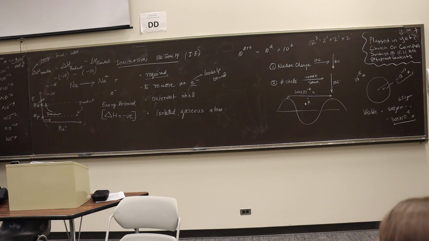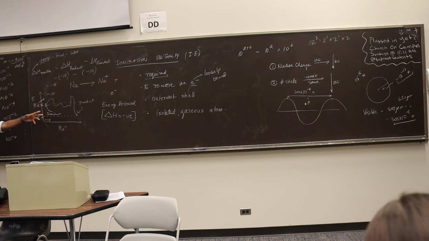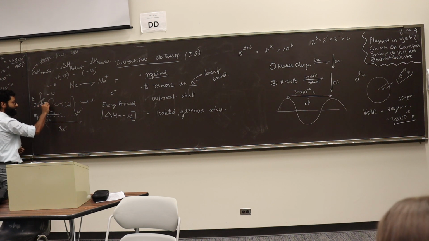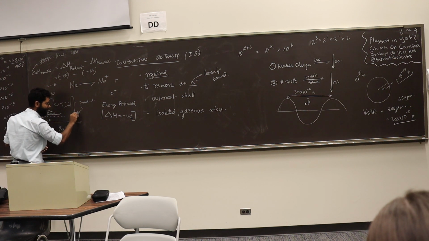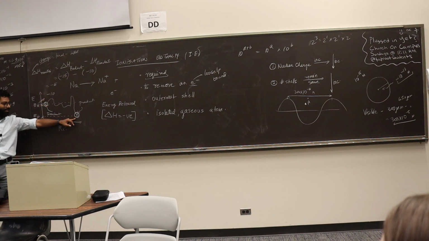Does everyone understand this simple concept? Simple but important: for an exothermic reaction, this can go through various processes, I don't care what happened in between. It went from this to this, and the energy has dropped down.